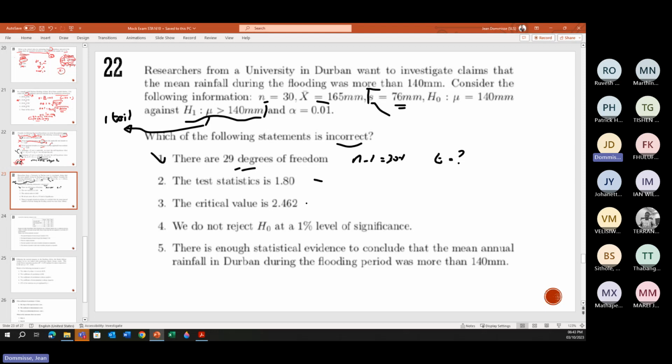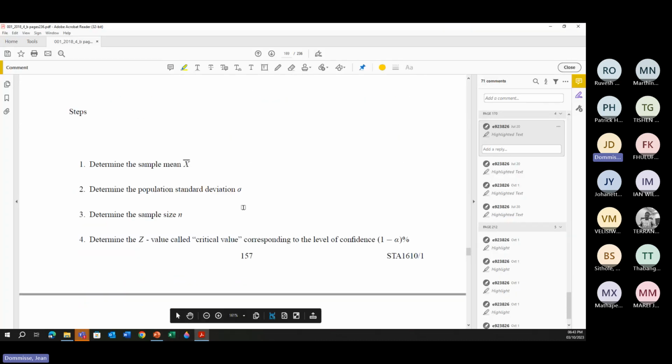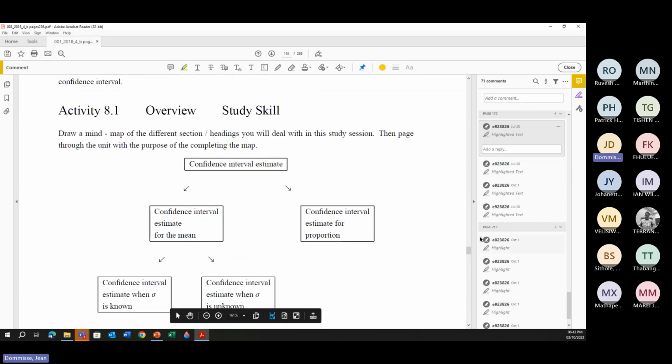So the critical value that we need to work out, if you look at the T-table, alpha, and let's just, so alpha divided by 2, 0.005, degrees of freedom 29. Okay, so let's go back.